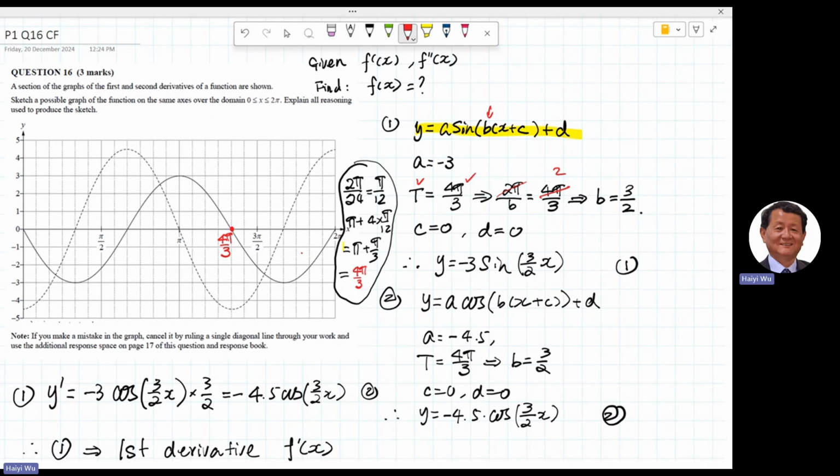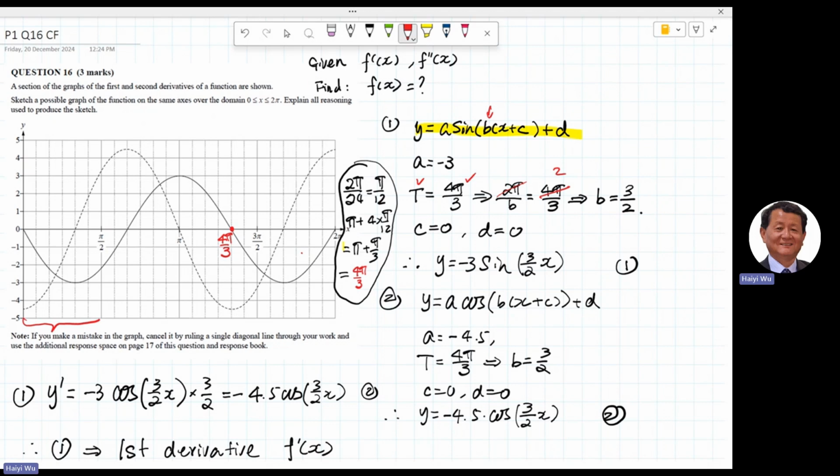Why? If I work it out, from here to there is 6 boxes, so altogether it's 24 boxes. We have 2 pi in total length divided by 24, so each unit represents pi over 12.